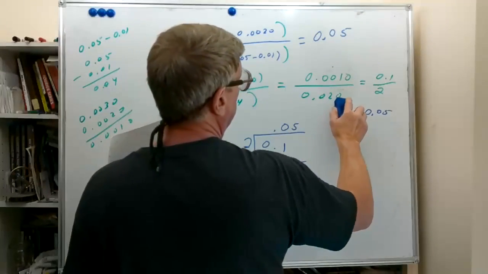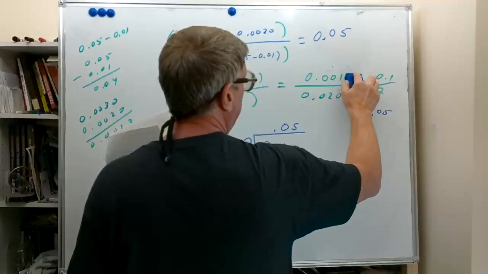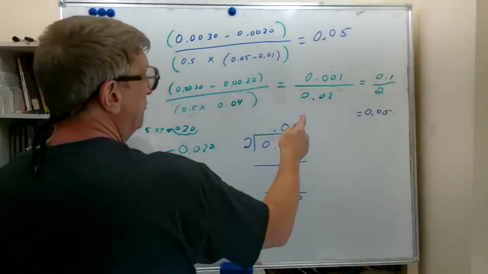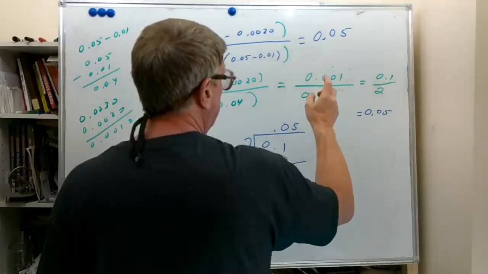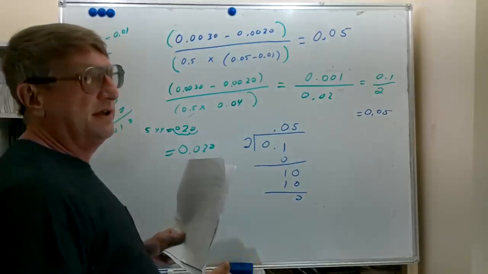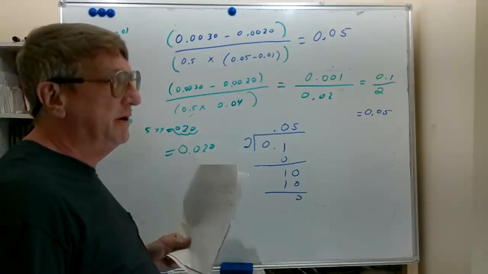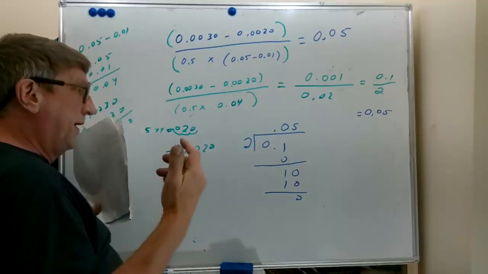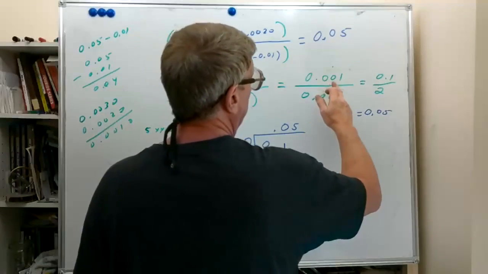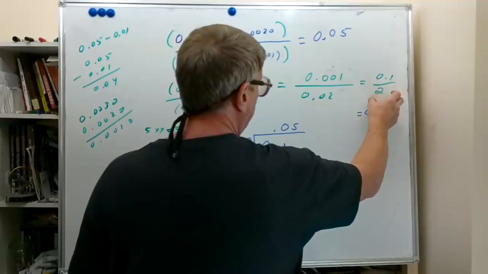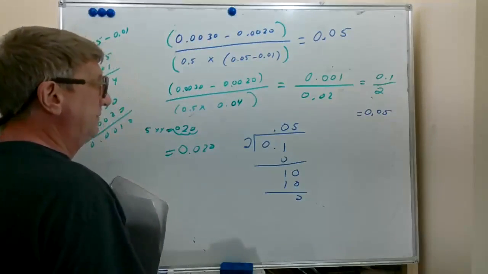Then we erased these trailing zeros just so they didn't confuse our eye. Then we moved both decimal places in the numerator and the denominator 2 to the right, which was the equivalent of multiplying the numerator and the denominator both by 100, which multiplies the whole fraction by 1, which doesn't change the value. So moving 2 places to the right gave us a 0.1 here, and 2 places to the right gave us a 2 in the denominator.